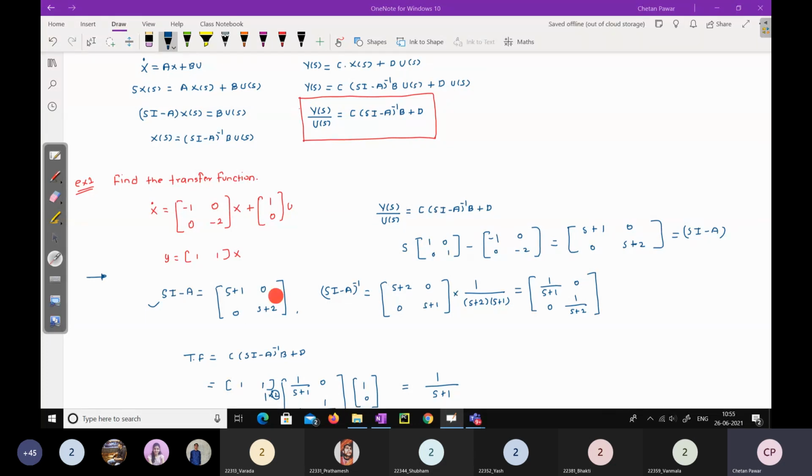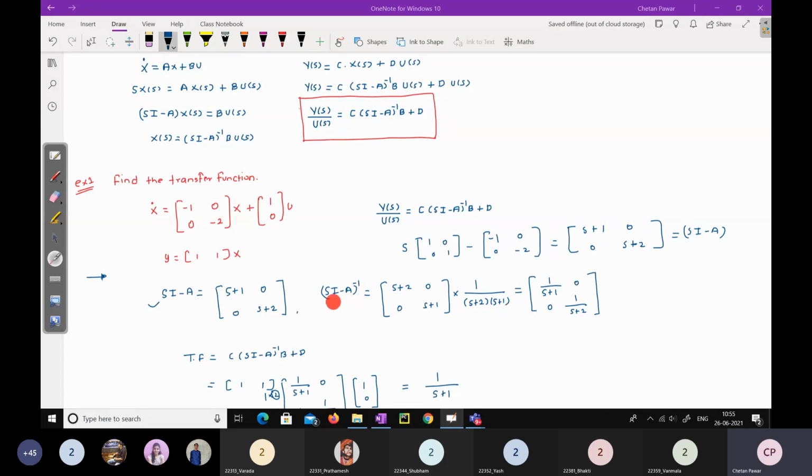Now how to find the inverse of it? You just change the position of the diagonal elements, so s plus 2 and s plus 1, and change the sign of the other two elements, divided by the determinant of this matrix.